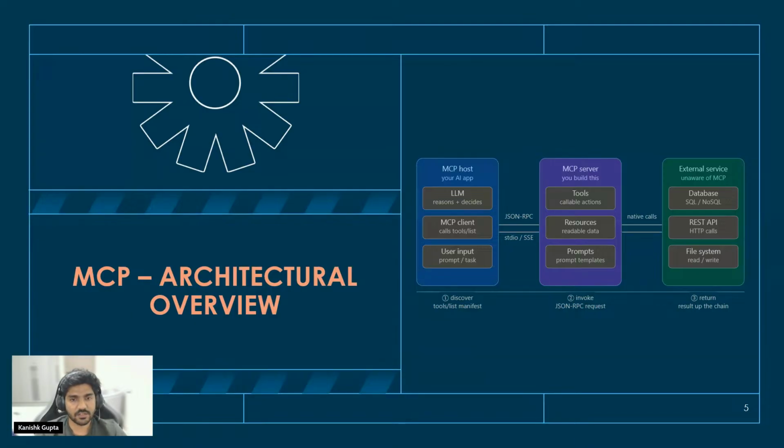This is exactly what an MCP allows us to do, just for AI, right? So there are three actors in the MCP architecture. First is our MCP host. This is our AI-powered application. It could be anything, right? It could be your custom chatbot. It could be a tool, let's say Cursor, Claude Code, or any of the tools.